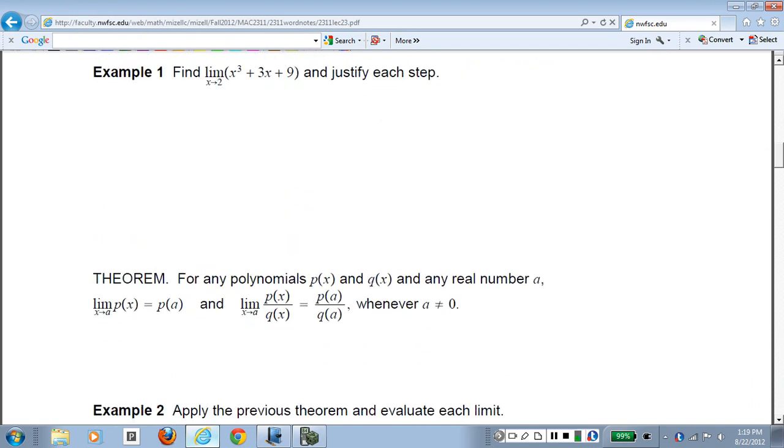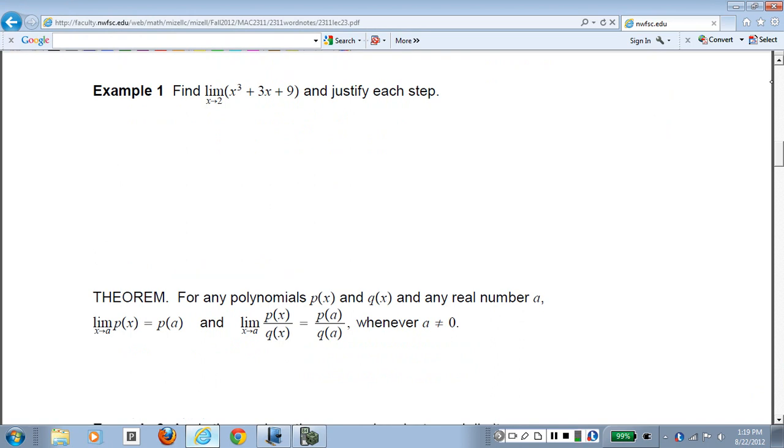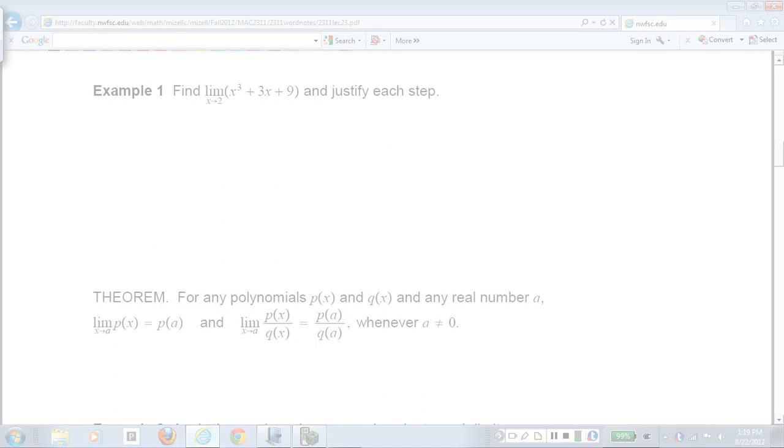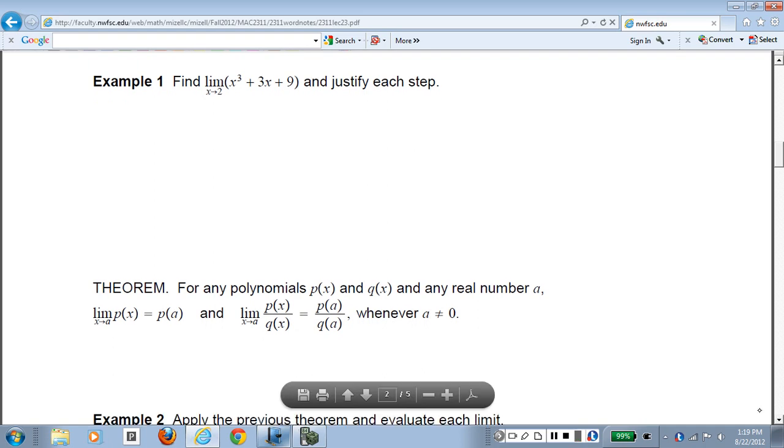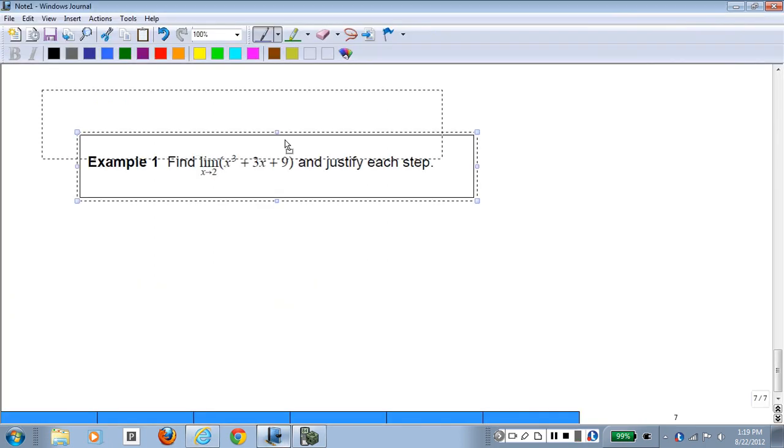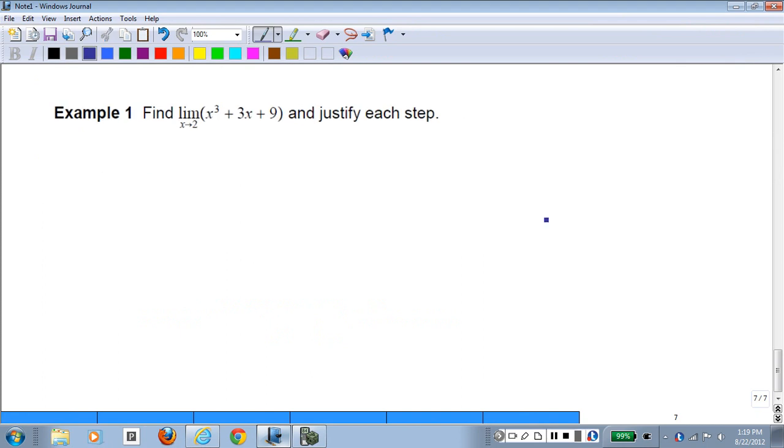Example 1. Now example 1, I'm a little bummed that we already have a theorem to deal with the x cubed. I'm going to pretend like we didn't see that theorem at the top of the notes here. This is a polynomial. Polynomials are nice, and our next theorem tells us, or affirms for us, that polynomials are nice functions.